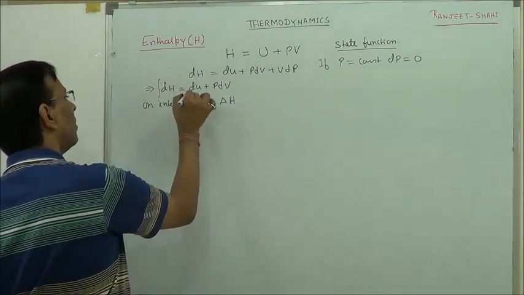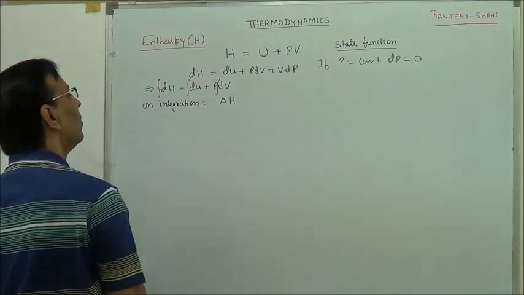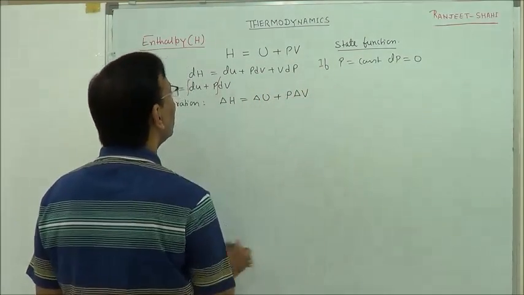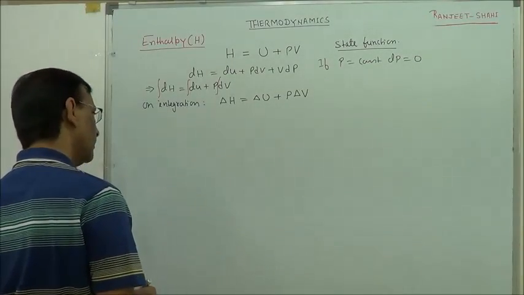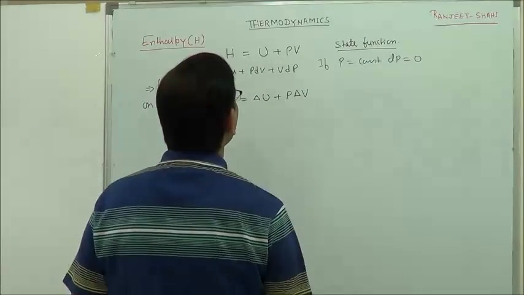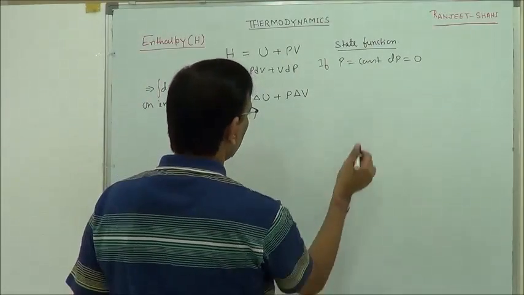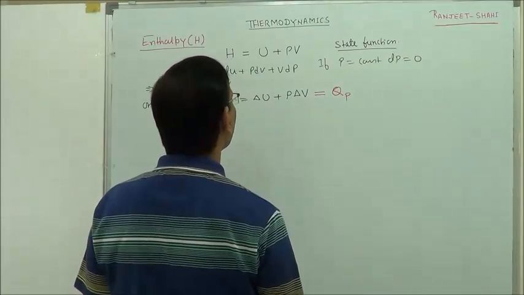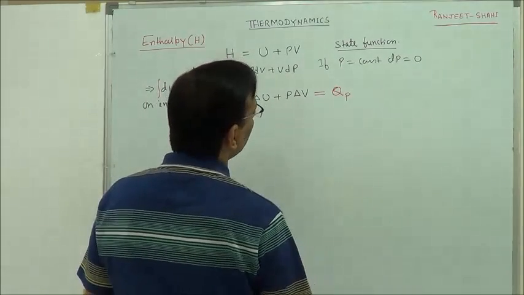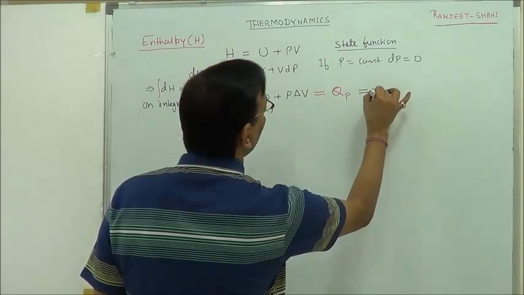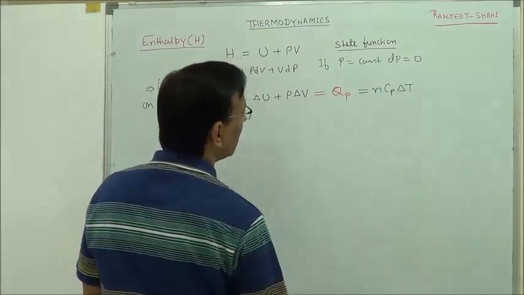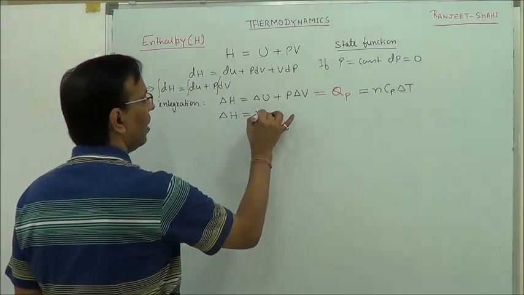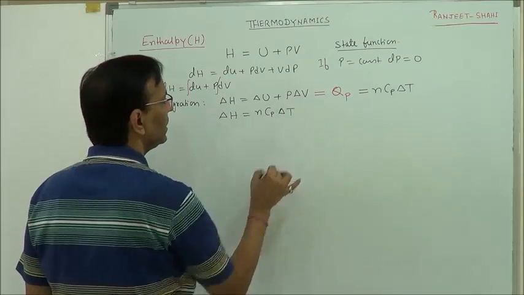P we have taken constant, so delta H is equal to delta U plus P delta V. And we have seen in the first law that delta U plus P delta V is nothing but Q. Now pressure is constant, so it is QP, and QP is nothing but nCP delta T, and therefore delta H is nCP delta T.